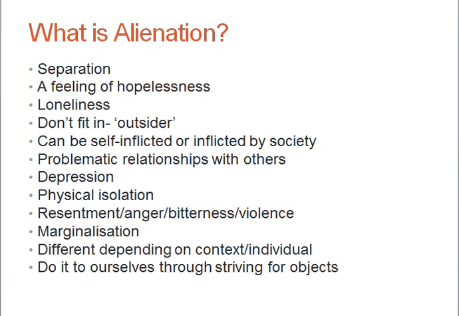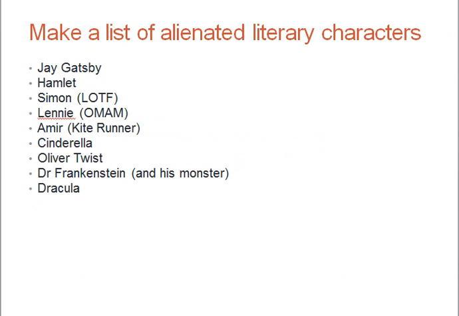Consider how you could apply some of these ideas to one of the texts you've studied. It could be helpful for you to start off by thinking of alienated literary characters that you know of. So last year we obviously looked at Gatsby in The Great Gatsby.